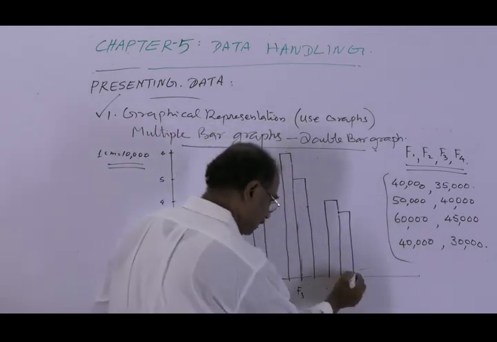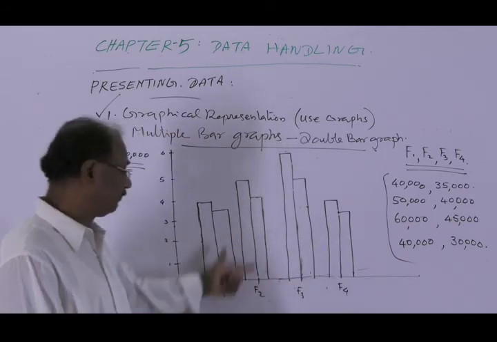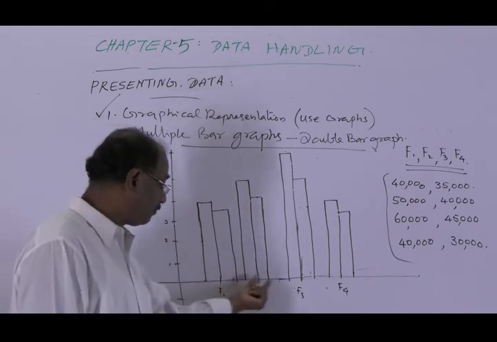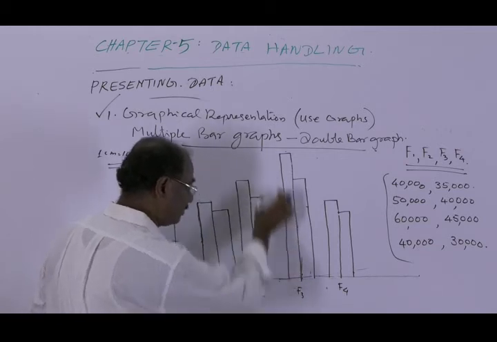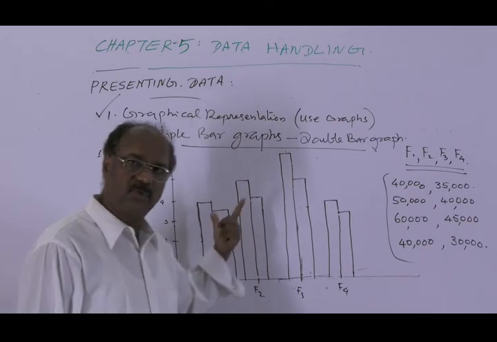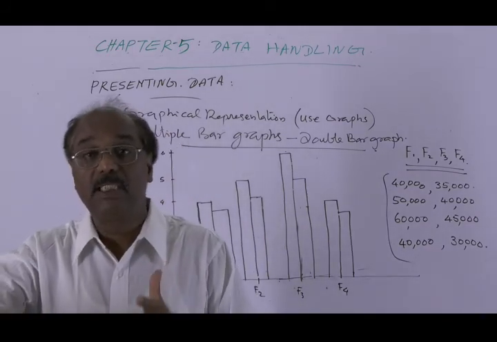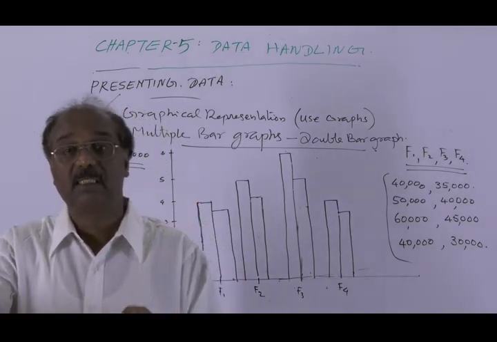And assume all the bars are of equal width. And the spacing between the blocks of bars is the same. This space equal to this space. So here there is a difference, you can see, but that is because of the rough construction. So assume the space in between each block is the same.